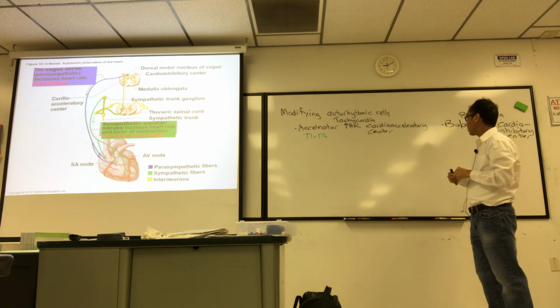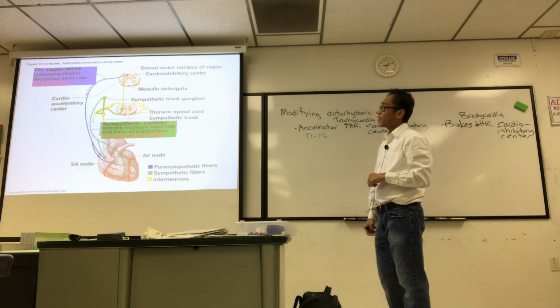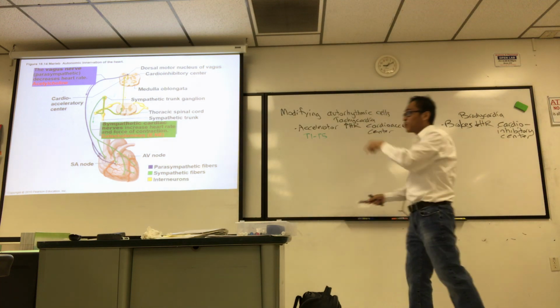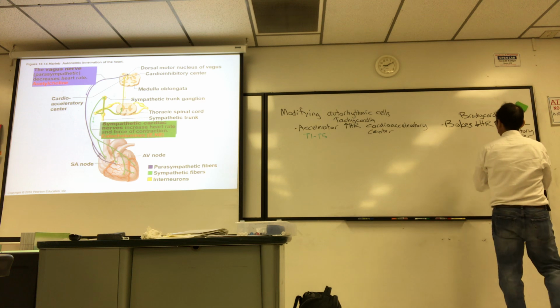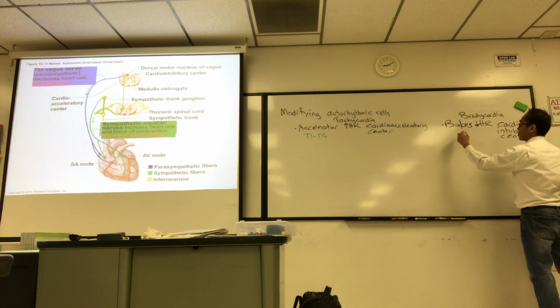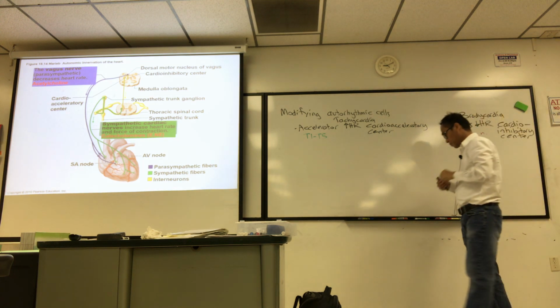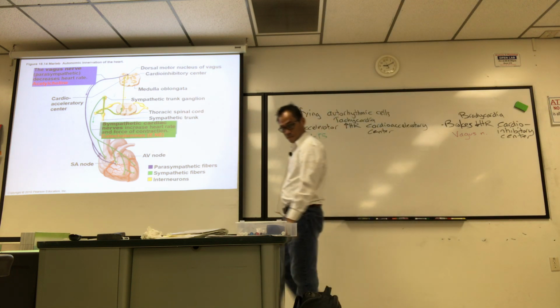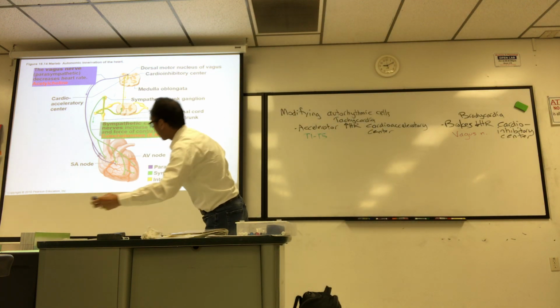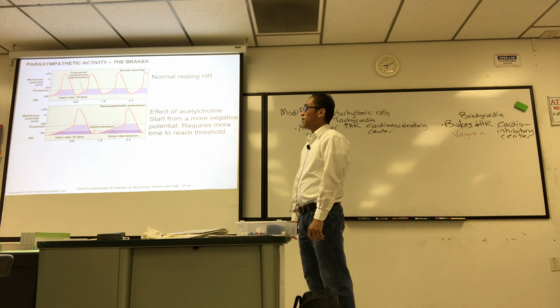For the brakes, there's a branch of the vagus nerve, cranial nerve 10, that purple nerve, which carries the parasympathetic efferents.